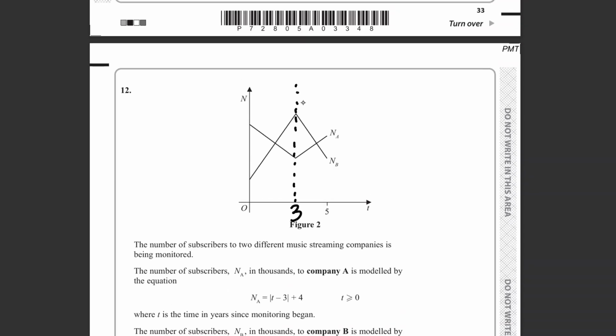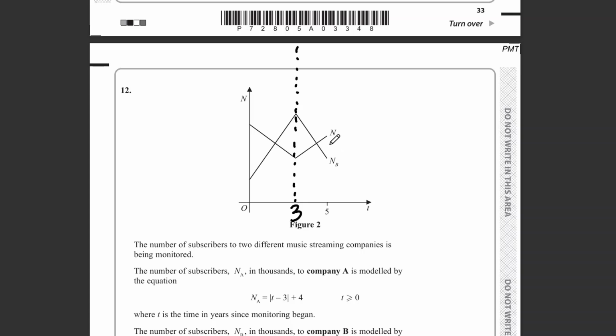So around this point where t is equal to 3, the sign changes for the function inside the modulus. For example, for the t minus 3, before 3, so this side here, the function will be negative, and after 3, so this side here, the function will be positive, or vice versa, the sign will change.